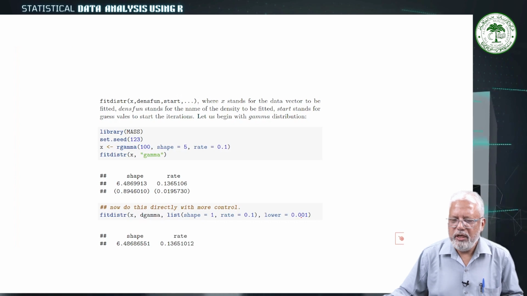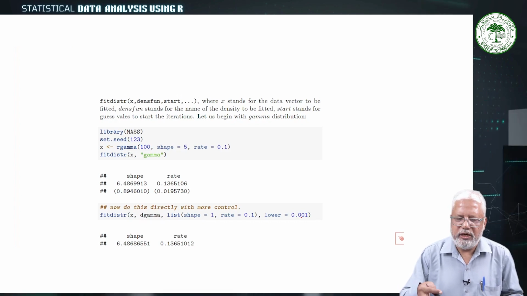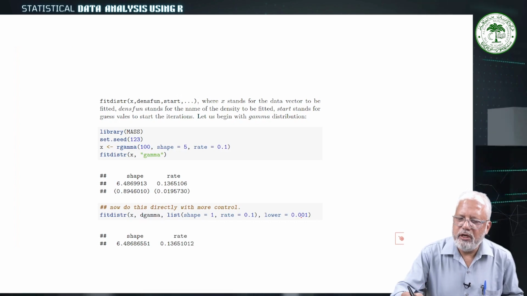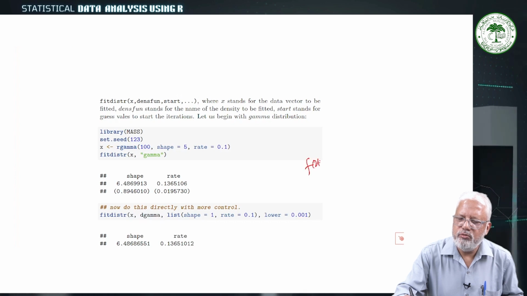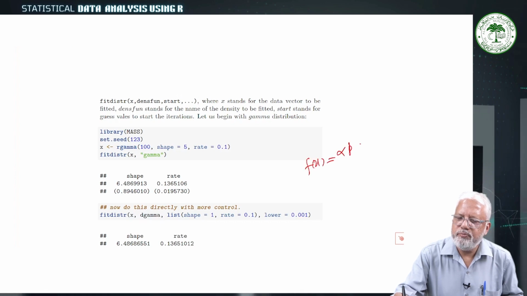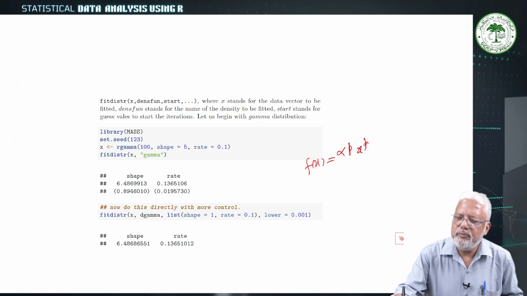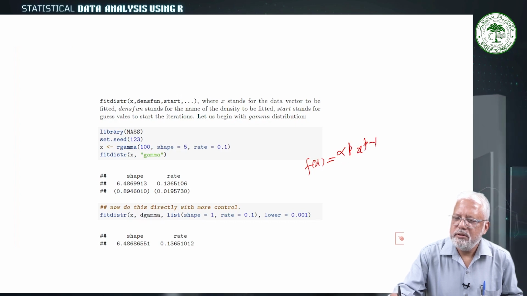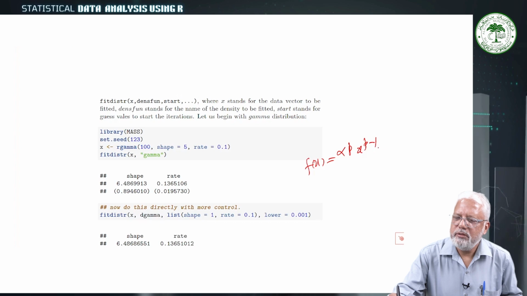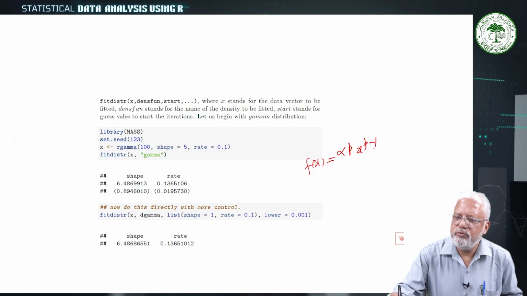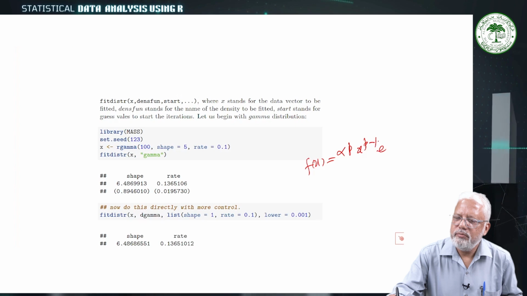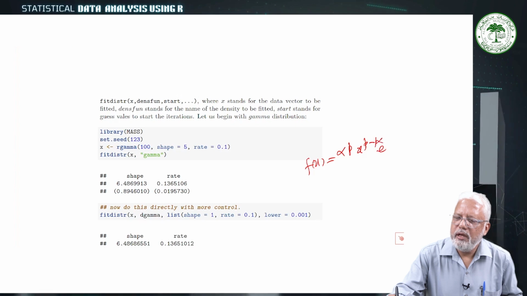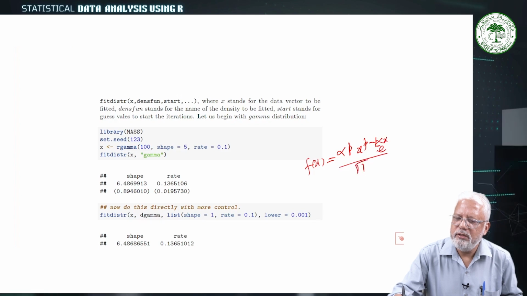Because you know that for the gamma distribution f(x) is equal to alpha raised to power p, x raised to power p minus 1, e raised to power minus alpha x, divided by gamma p.